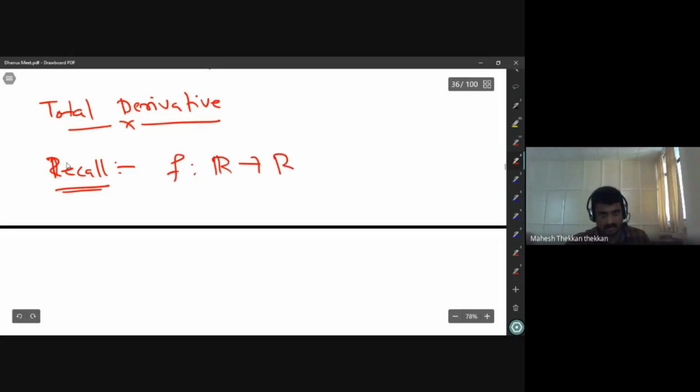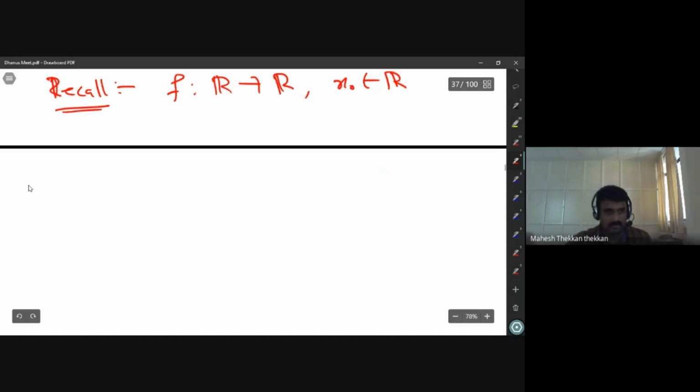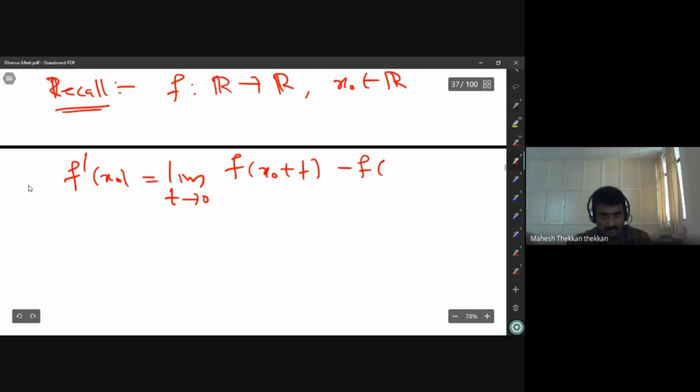So f from R to R, we have a point x naught in R. What do you mean by f dash of x naught? F dash of x naught is the limit as t tends to 0 of f of x naught plus t minus f of x naught, divided by t.